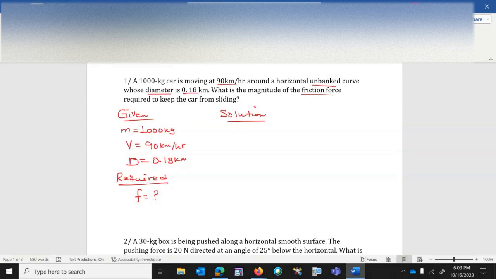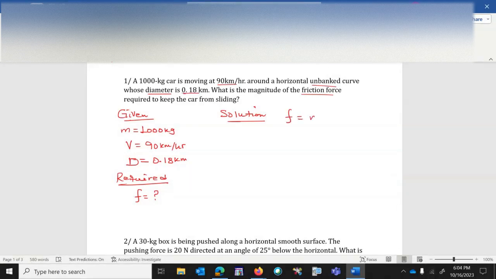When something is moving in a curve or in a circular path, the frictional force is in this case responsible for the car maintaining circular motion. If it was not for the frictional force, it would have slid away from the road. So the solution is given like this.